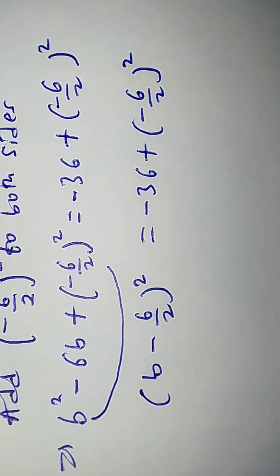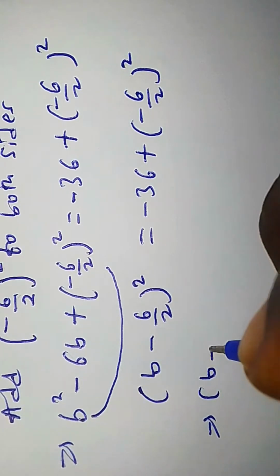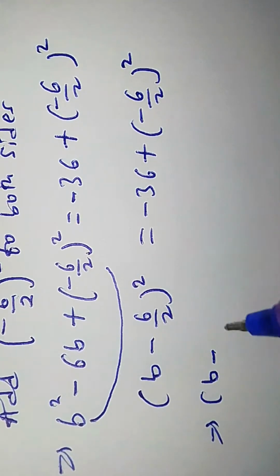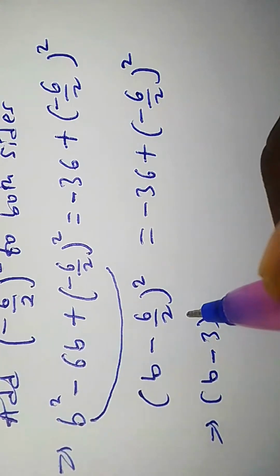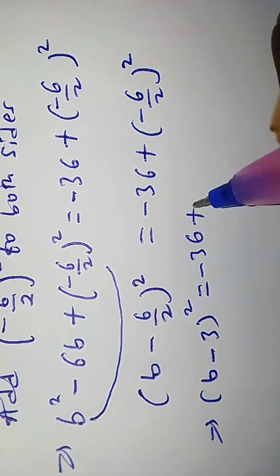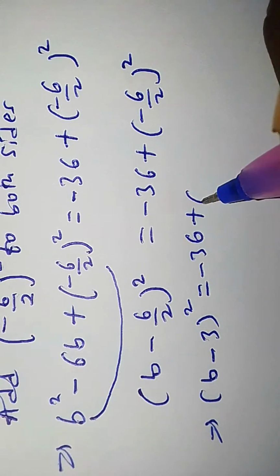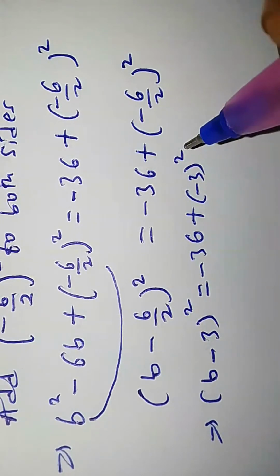Let's continue. This means that we have b minus 6 divided by 2, that is 3, all squared, equal to minus 36 plus minus 6 divided by 2, that is also minus 3, all squared.